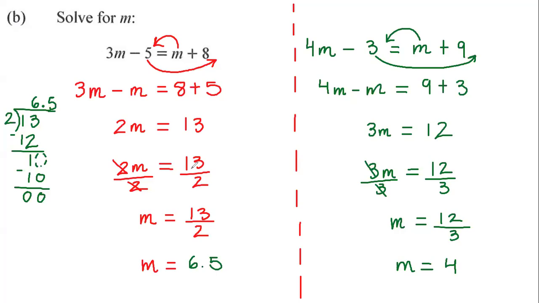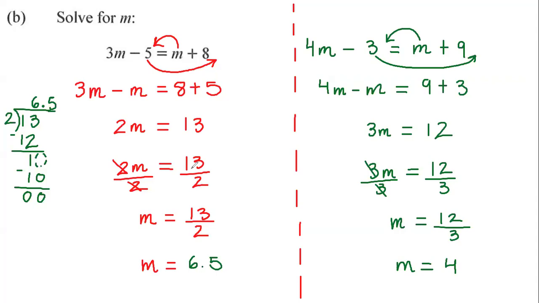And Tavana, Shavette, do you all understand how we got this? Yes, sir. Okay. Riley, do you understand how we got m is equal to 4?